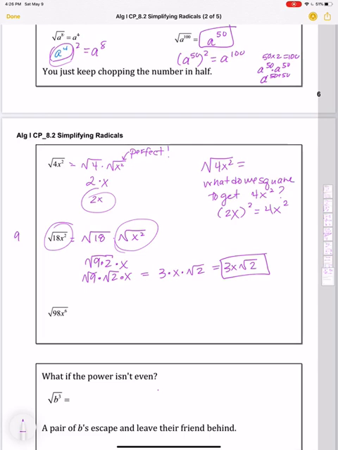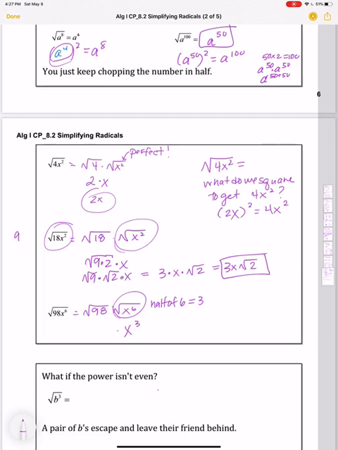Okay, same thing here. Let's see. This 98's not on my list, but we can reduce it. Oh, this is awesome. That's a perfect square. It's even. So what's half of 6? Half of 6 equals 3. So this will be x to the third. And let's see, 98.